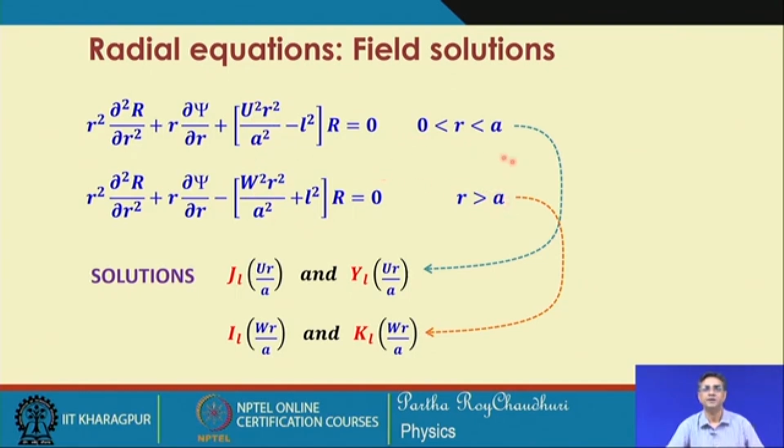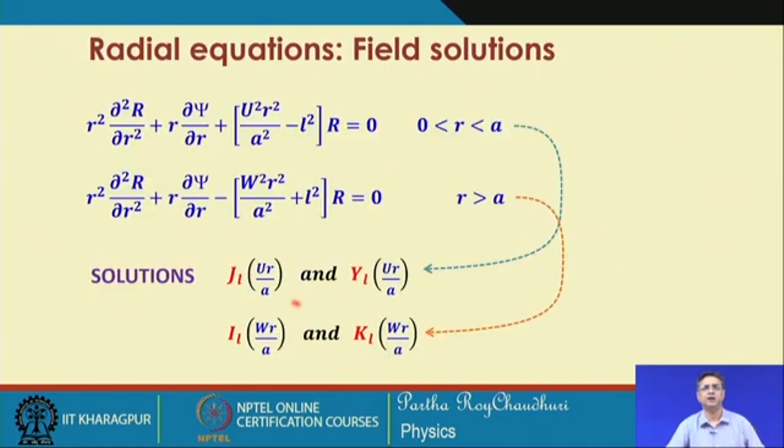The first equation is again a very well known equation, and the solutions are the Bessel functions J L and Y L. For the other equation you have a minus where inside there is a plus. This equation gives you modified Bessel functions whose solutions are I L and K L of W r by a, I L of x and K L of x, where x is the argument of these Bessel functions.